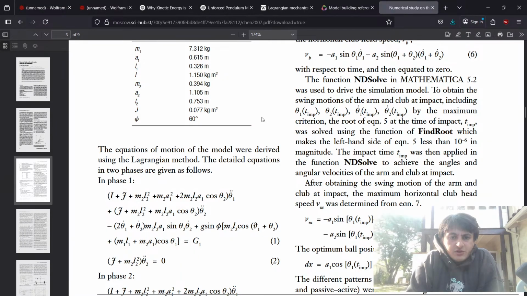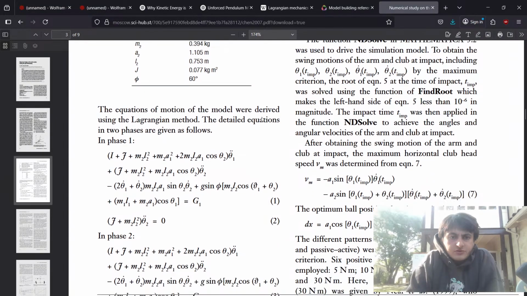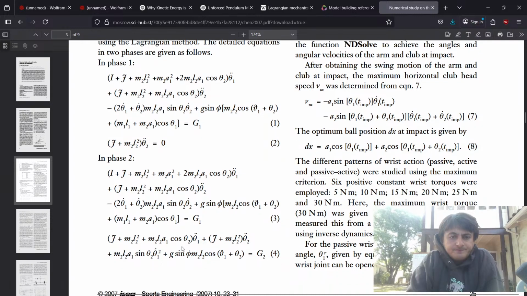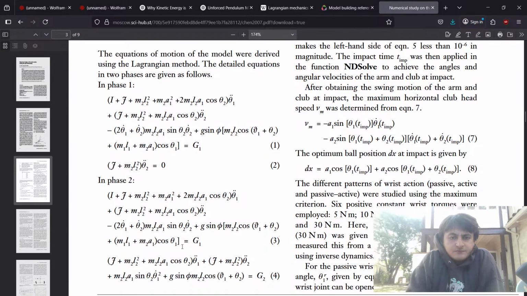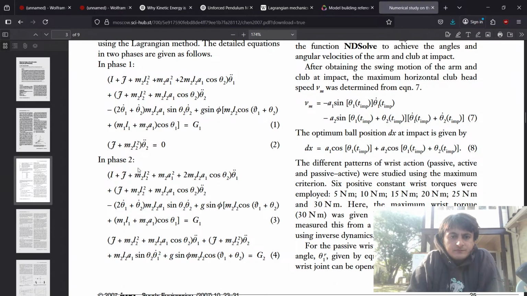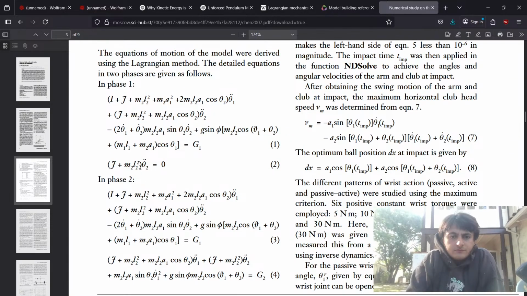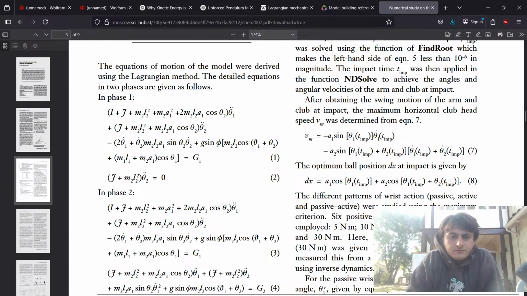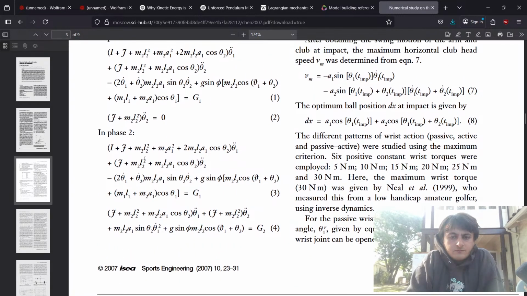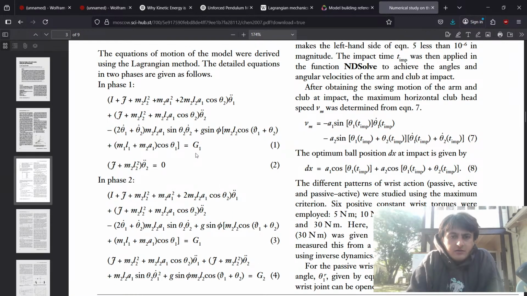The equations of motion of the model were derived using the Lagrangian method. So, yes. Okay, so there's got to be something. Oh, check this out.